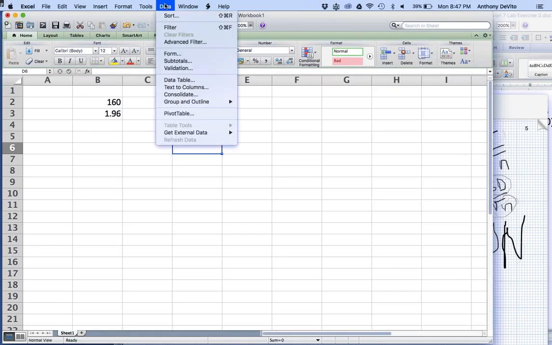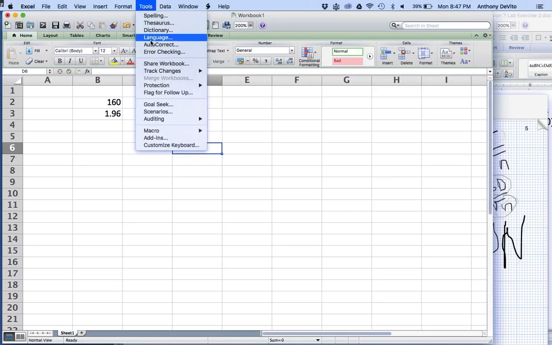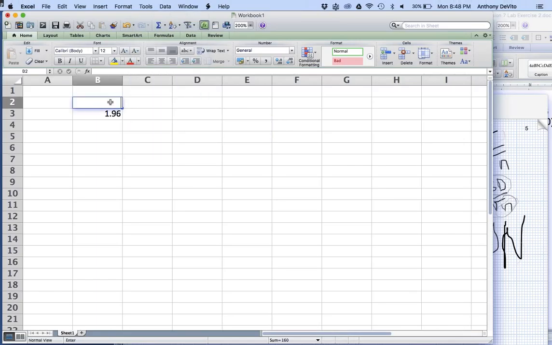On the PC version, you can add in a statistical package, which does a lot of other functions besides the built-in ones in Excel. That'll help you do t-tests and a lot of the other tests that we're working on. I don't think it's universally available in all the different versions of Excel.